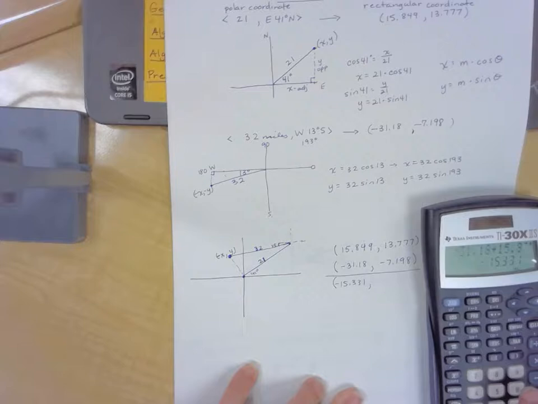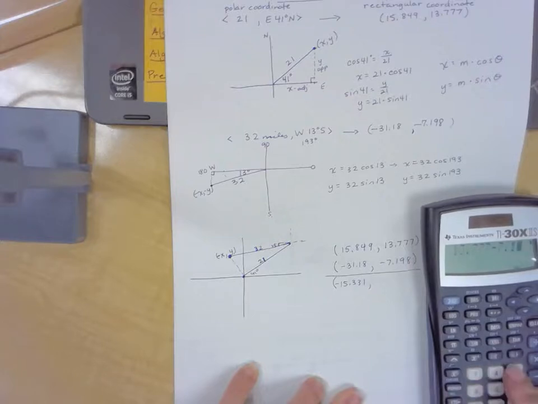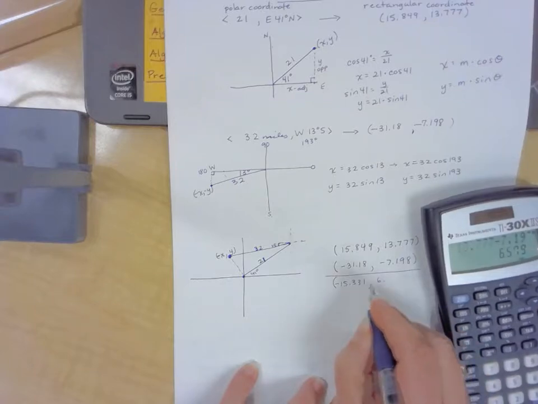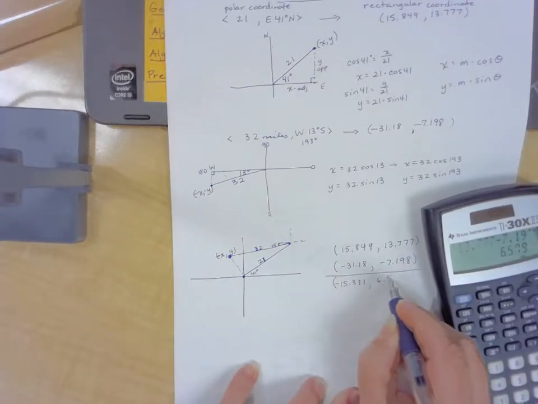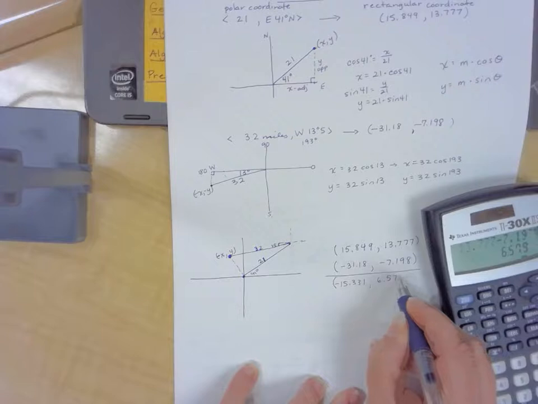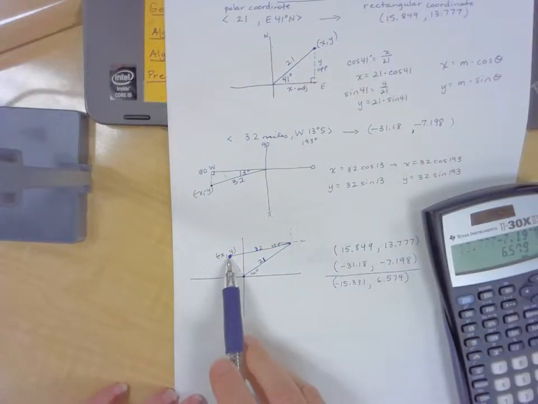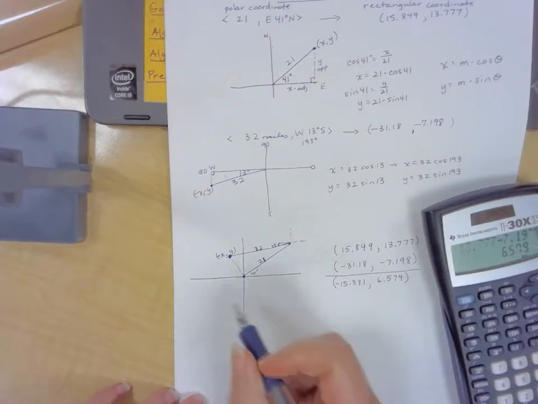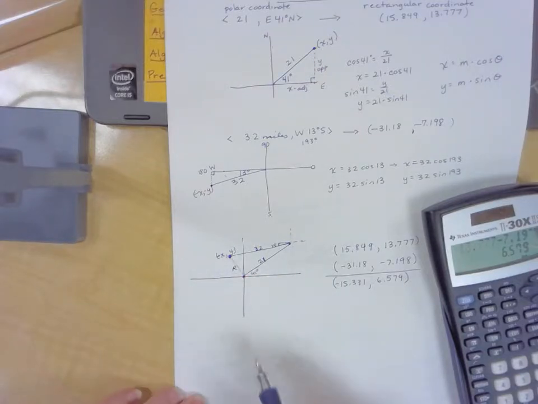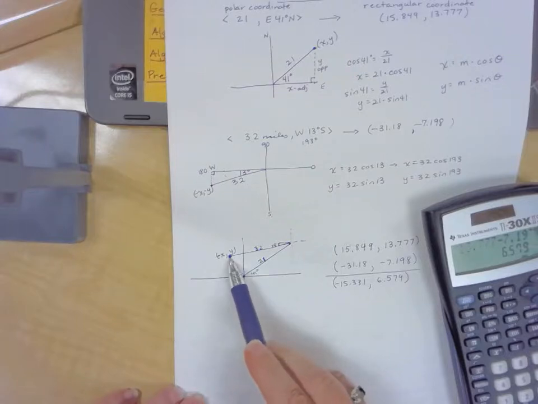Then I'm going to calculate the y coordinate, 13.777 minus 7.198, and I get 6.579. That's the x and the y coordinate for this endpoint, this being our resultant vector from the start to the end.